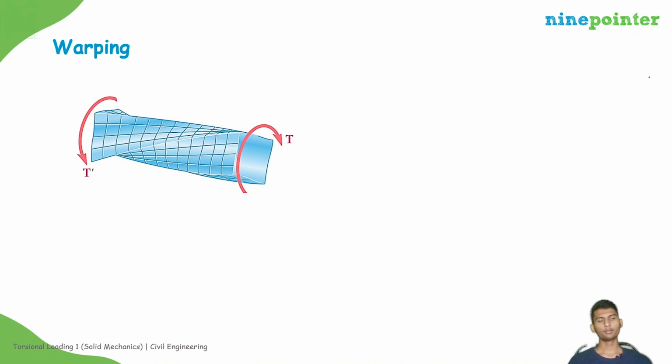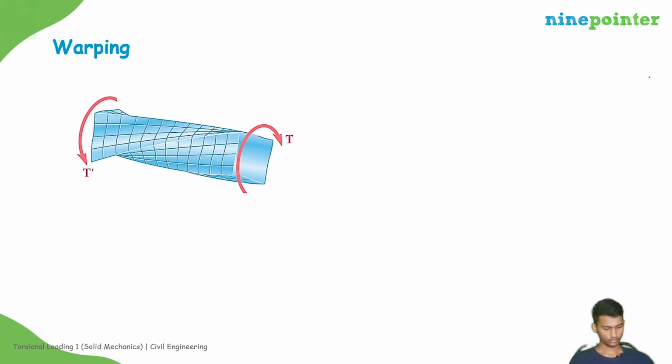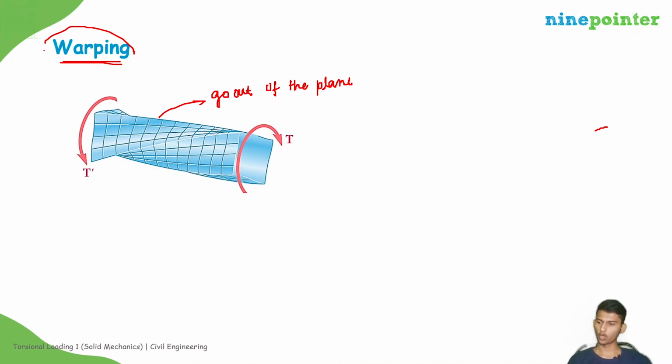Now take a rectangular bar and try to apply torsion to it. If you take this rectangular duster and twist it, the elements will go out of the plane. But in the case of a circular bar, the elements will stay in the plane. This phenomenon of going out of the plane is known as warping.